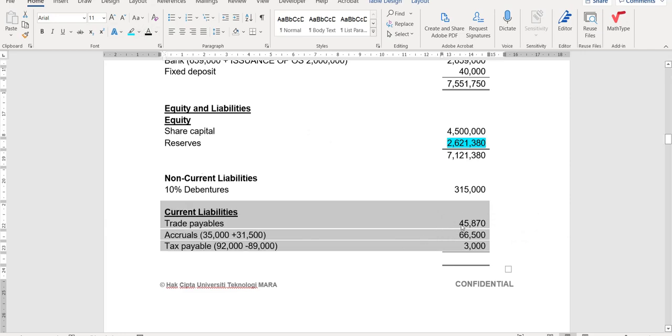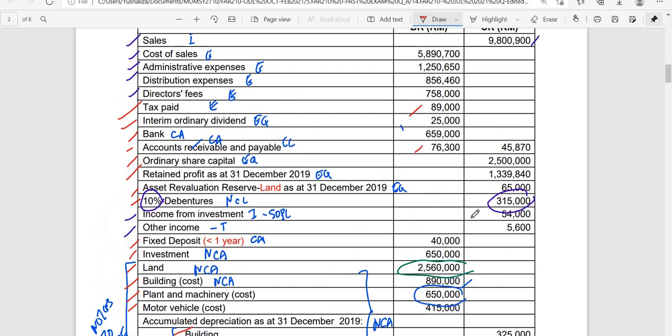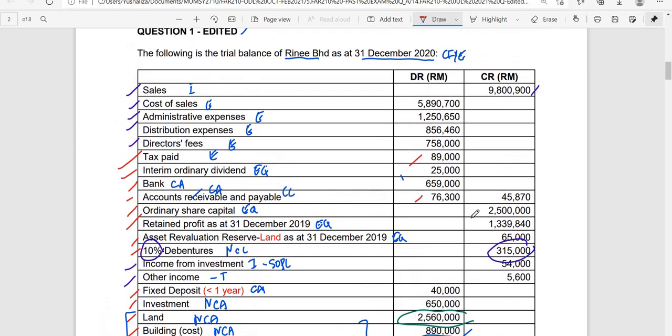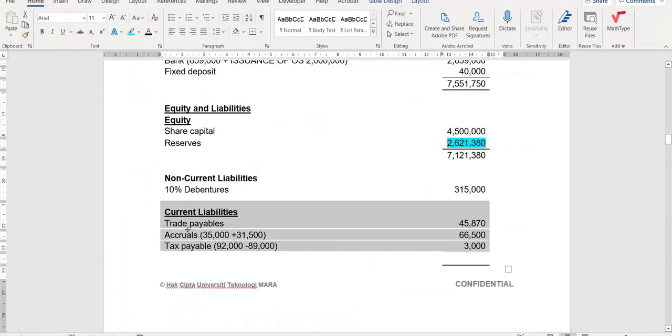So trade payable was 45,870. These are from the information here, which is under your accounts receivable and accounts payable row. Okay, you have 45,870. Then you need to include the accruals.